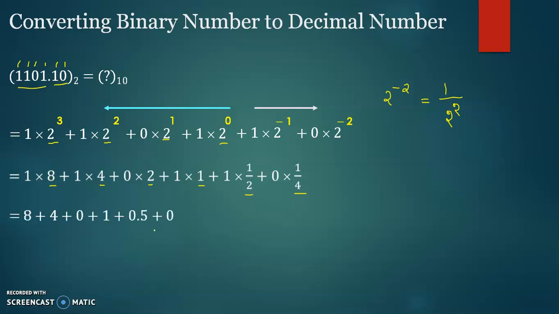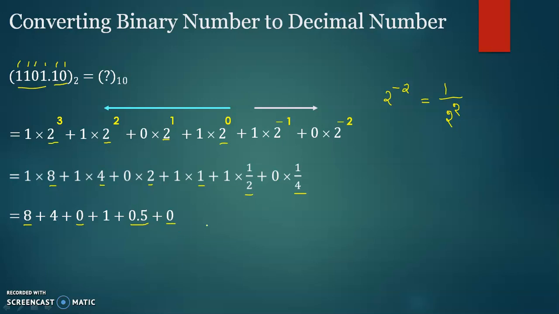Whenever you multiply 1 with any number, you will get the same number back, and when you multiply 0 with any number, you will get 0. So for this fraction, let's make it a decimal fraction, and now it is multiplied by 0, so your answer will be 0.